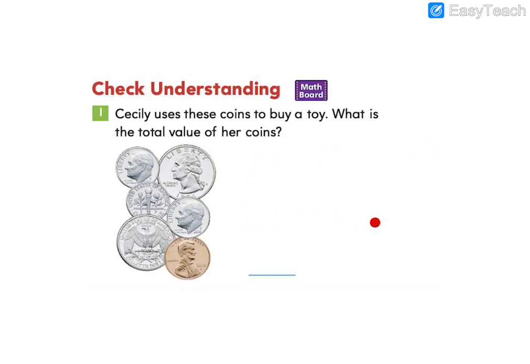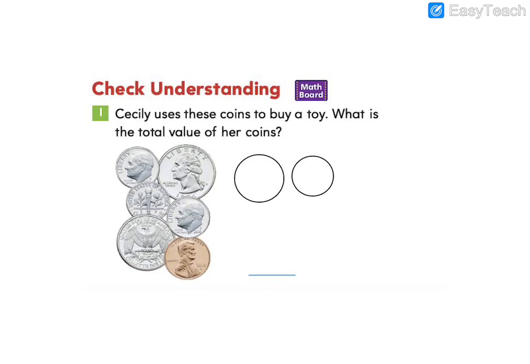Go ahead and draw her coins in order here from greatest value to least value, and then write your total value on this line. Pause the video if you need any more time.